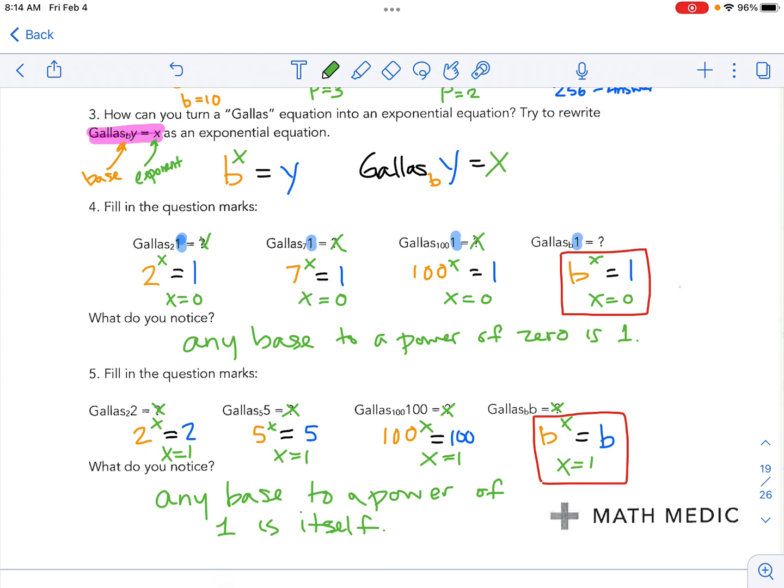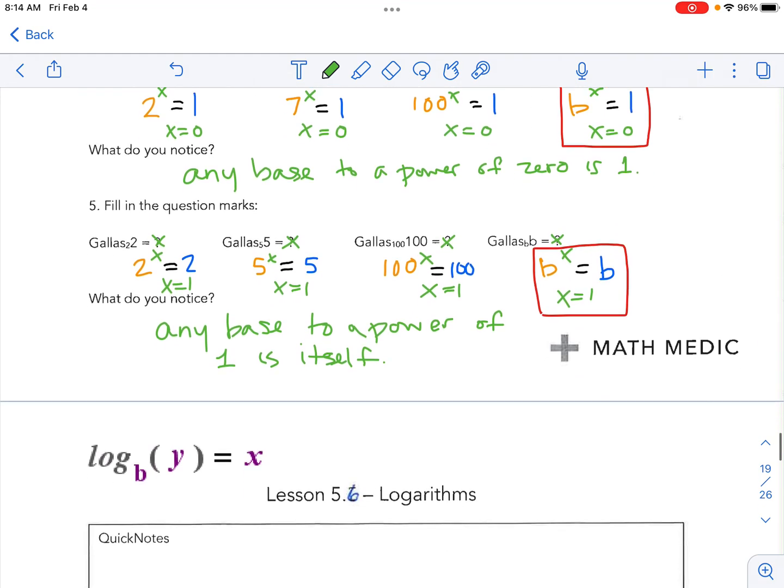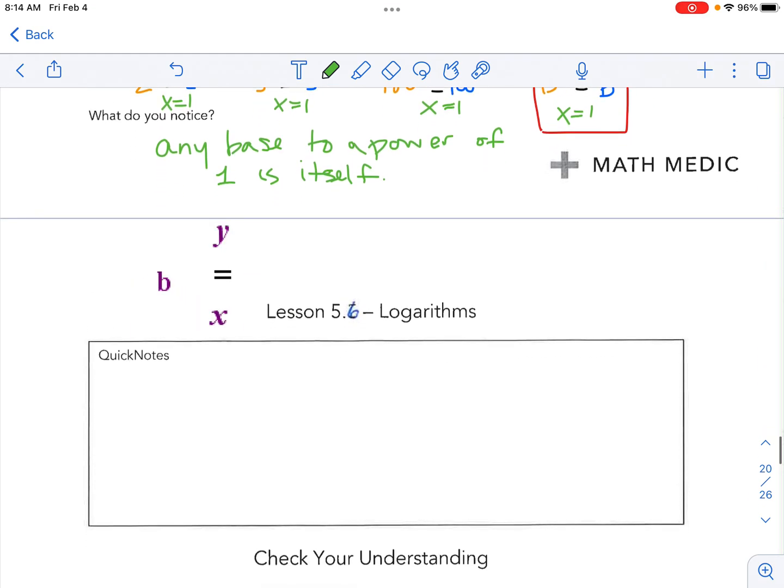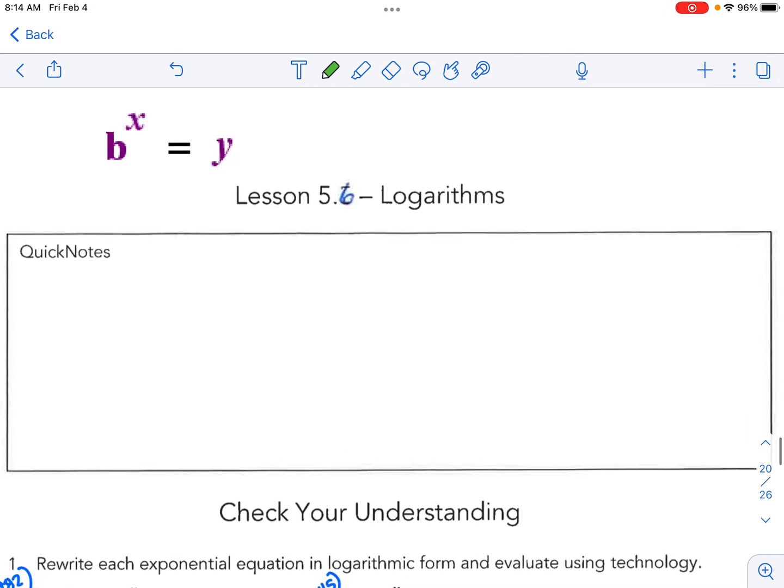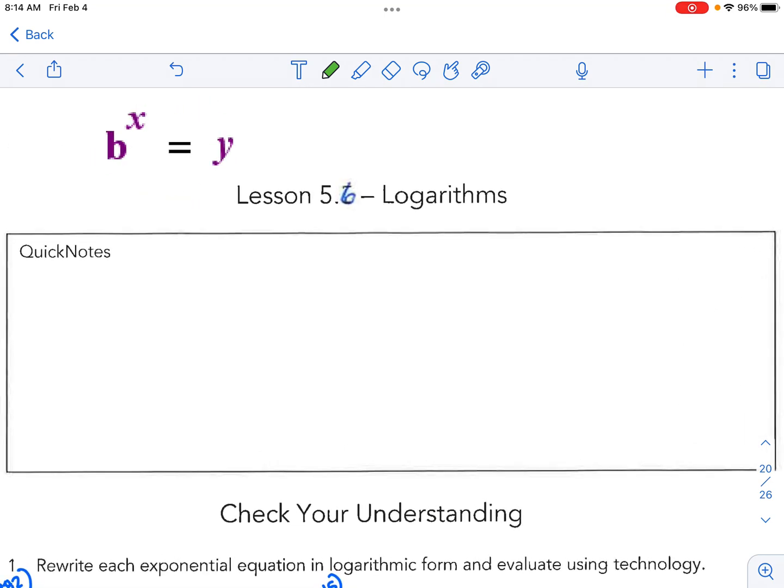So really what we're talking about here, relating that pattern or equation to exponents, is logarithms. That's really the name for it. It's called a log.